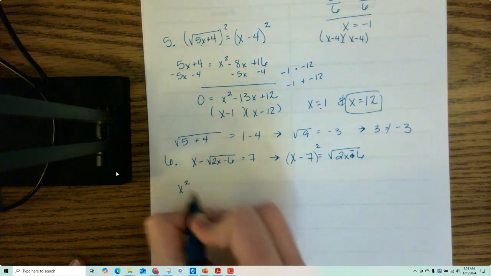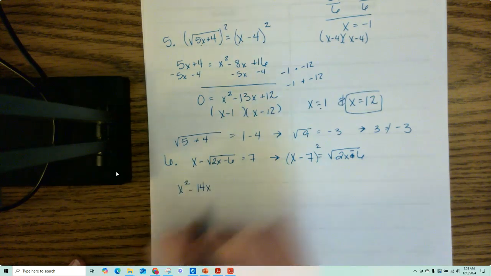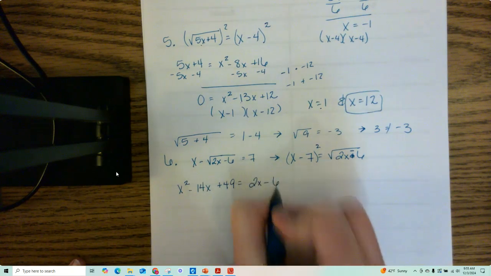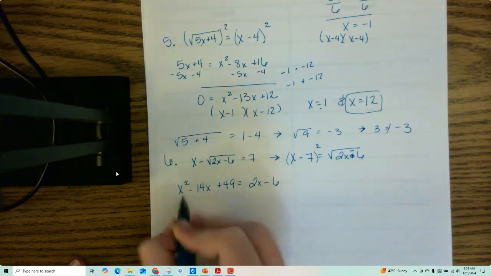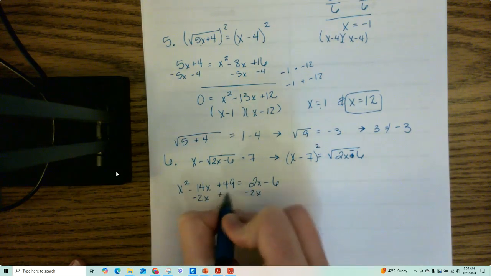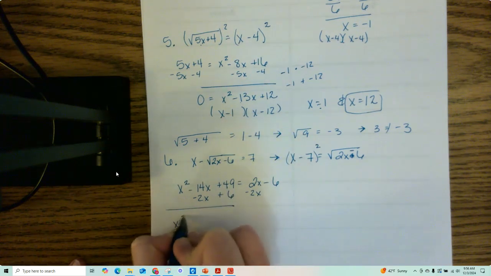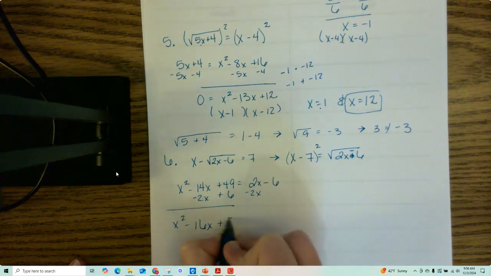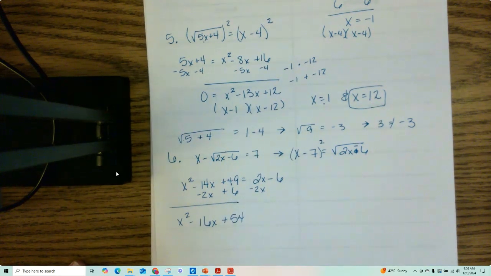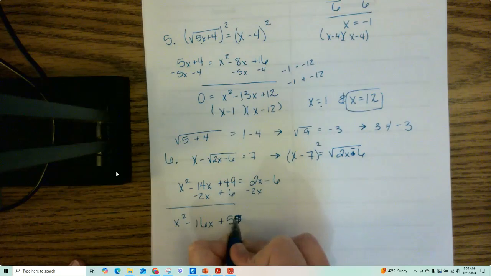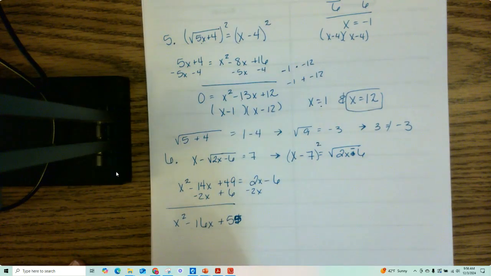So I would have x squared minus 14x plus 49 equals 2x minus 6. x squared is already positive, so I'm going to subtract 2x from both sides, add 6 to both sides. x squared minus 16x plus 55.